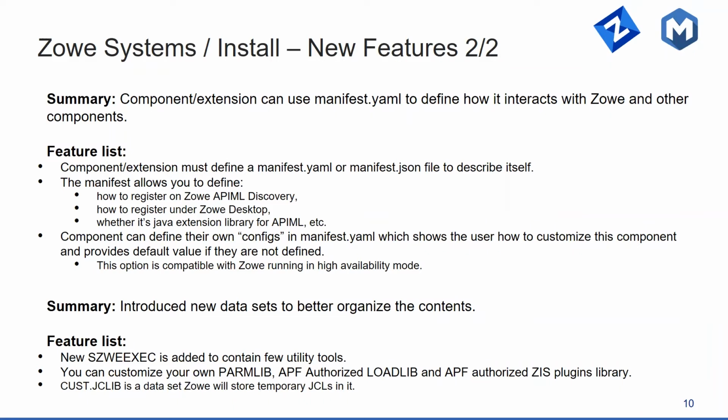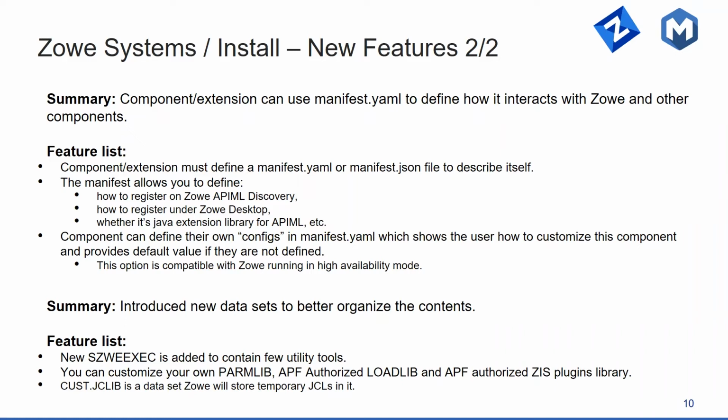Another big change, which does not exist in version 1, is that we allow the component to define its own configs in the manifest.yaml. The purpose of this new config section is to show the end user who really uses Zowe what configurations you can change for this component. You can also define a default value, so if the user doesn't change it, it will fall back to the default value. And everything defined here is compatible with high availability.